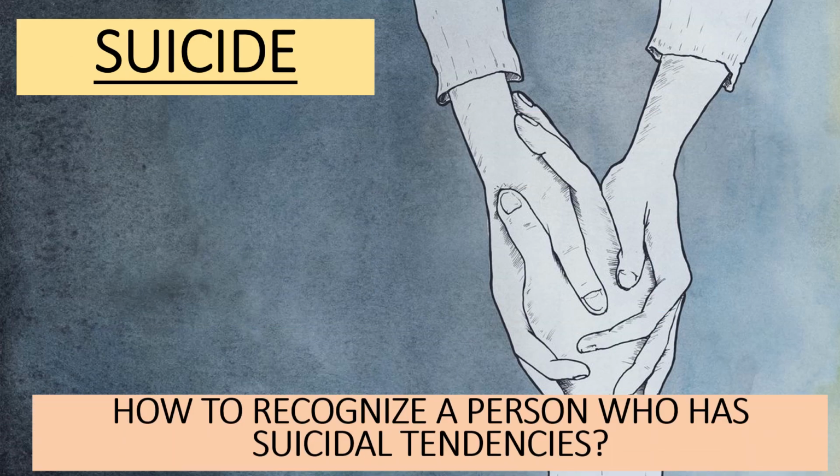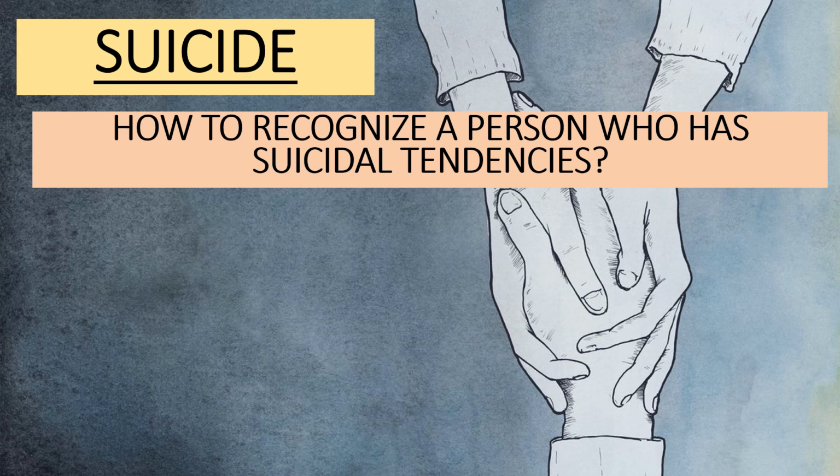Now, how can we recognize a person who has suicidal tendencies? Oftentimes the person gives clues to us, but we do not recognize them. So here are some of the clues that we should consider when someone is talking to us about his or her problem, or when someone is talking to us without us recognizing that this person is suffering.